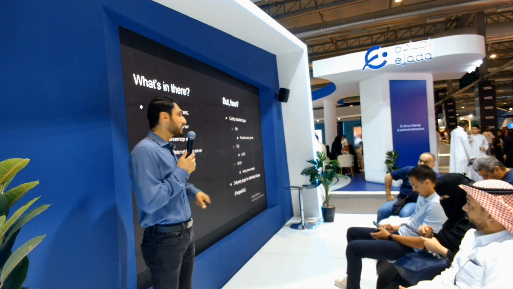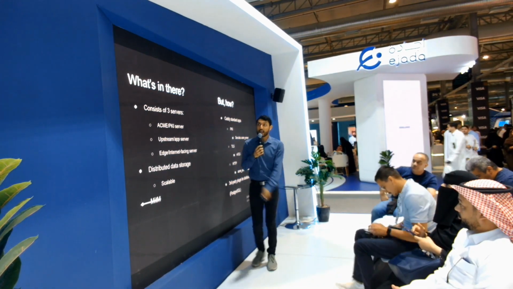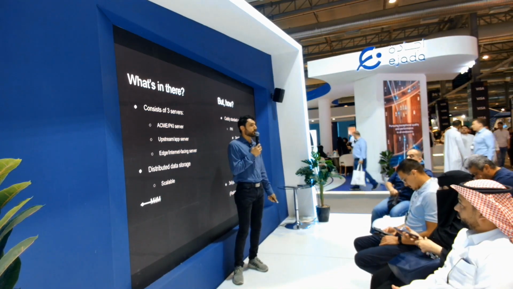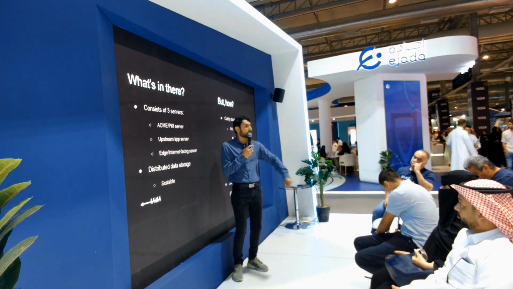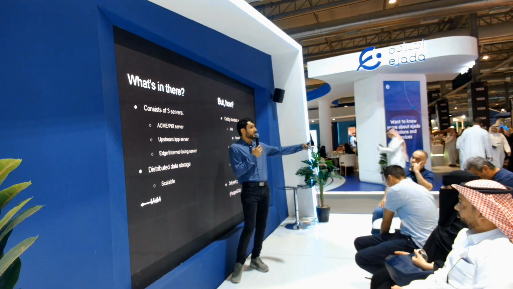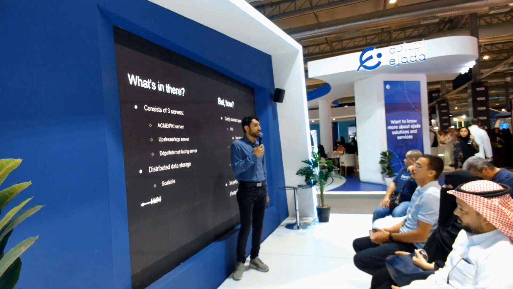The infrastructure that I've built starts with 3 servers. I have an ACME PKI server, and the certificates are shared between the nodes. I have a dummy upstream app, which I reverse proxy to, and the connectivity from the edge internet-facing server to the app server uses mTLS in between.